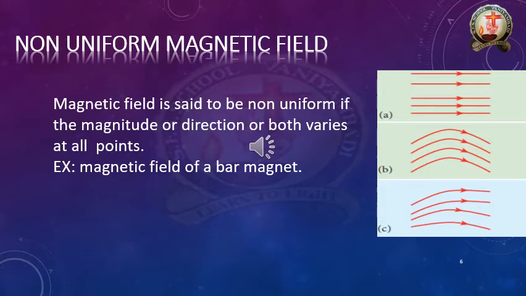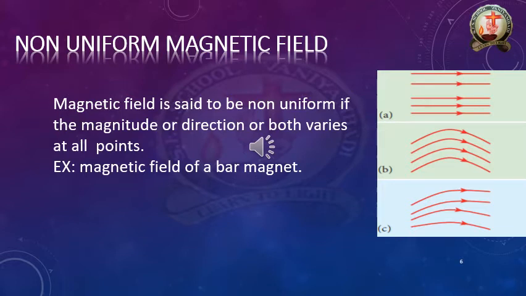Now, please see the figures. In figure A, how many lines are given? Five lines are given. The direction of all the lines is the same, but the gap in between the lines is not the same. The gap between the second line and third line is not the same compared to the remaining lines.